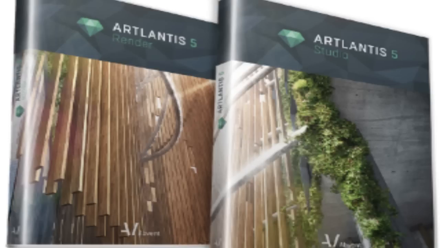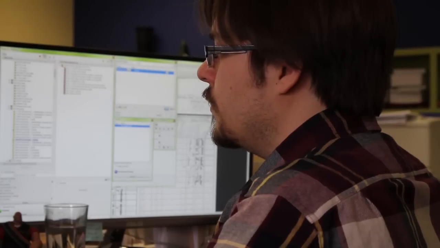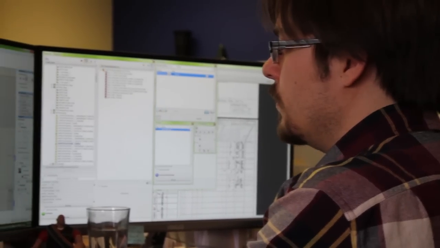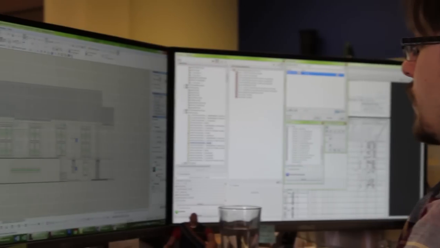We found a nice solution with Advent Atlantis, and they interface really well with Graphisoft ArchiCAD. It has a pipeline where I can take whatever I want out of ArchiCAD, or even out of SketchUp if I'm modeling very precise things.